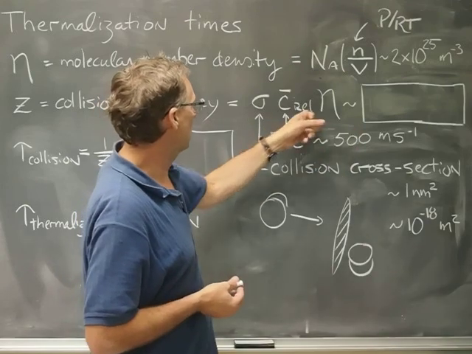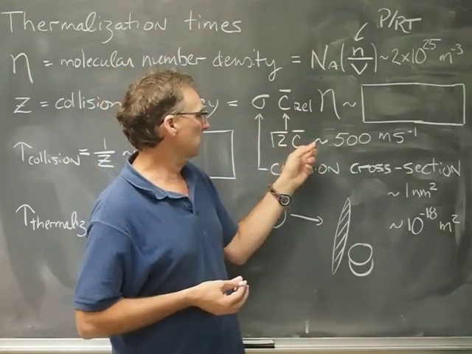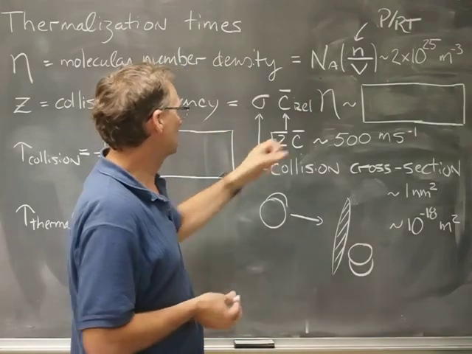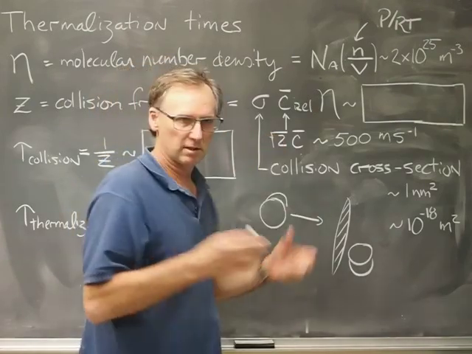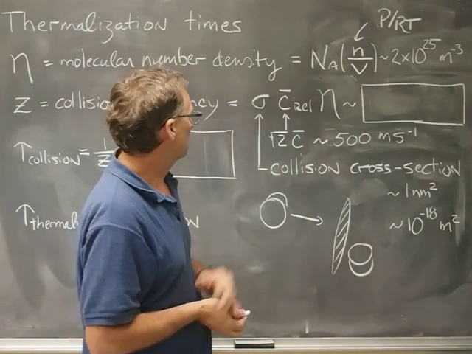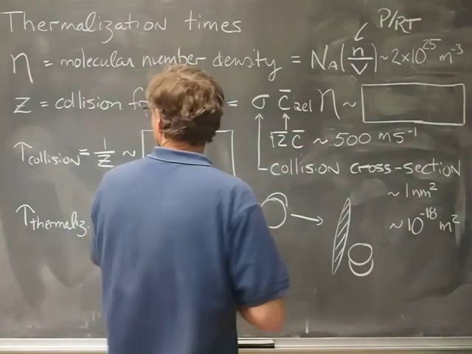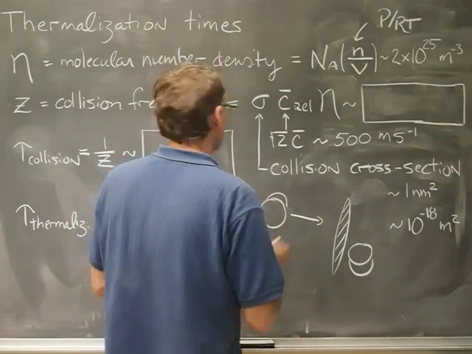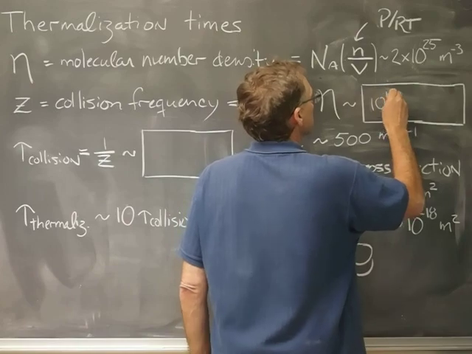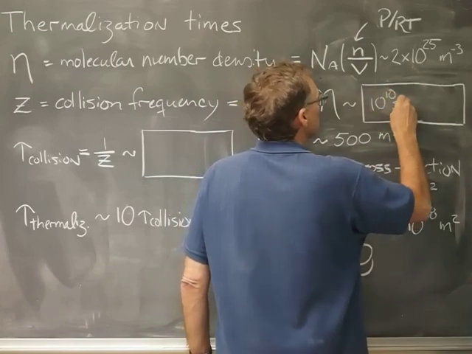C bar rel, we've already figured, is on the order of 500 meters per second. This factor of square root of 2 takes into account the fact that relative speeds are important. We take all these numbers, put them together, and you get a Z on the order of 10 to the 10th, and it's SI, so it's per second.